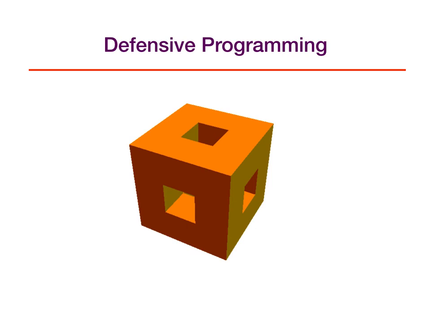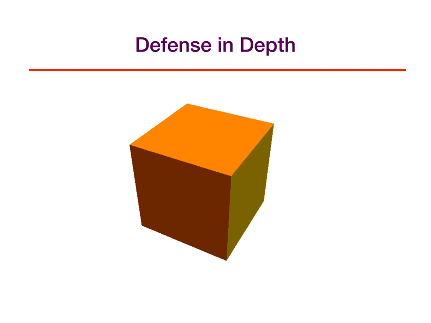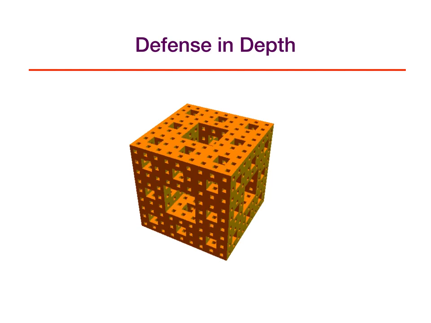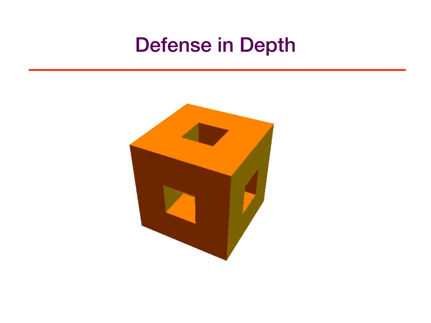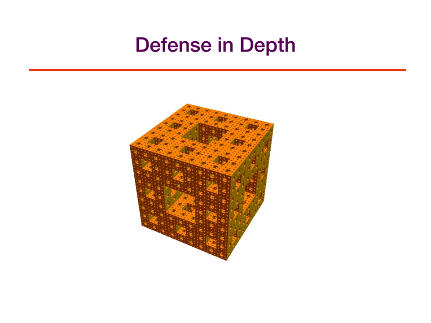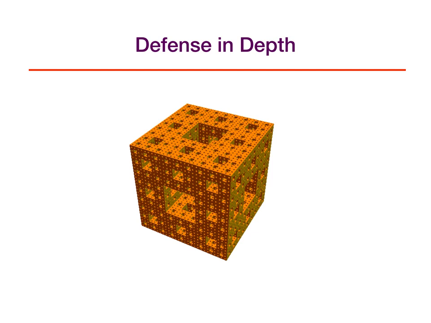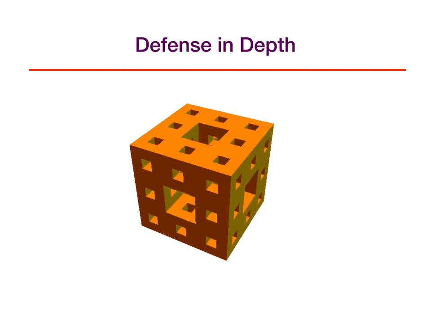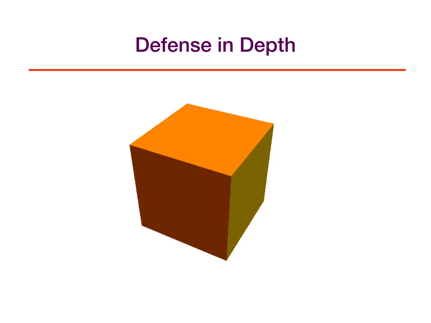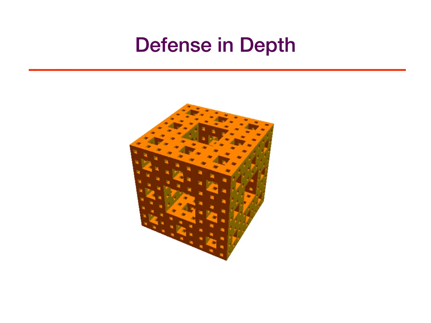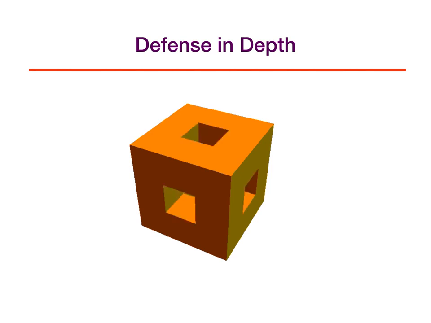So we can think of the process that we're illustrating here as the move from defensive programming, where we might hollow out the attack surface in an ad hoc way as the opportunity presents itself, to defense in depth, where we systematically and in a compositional manner hollow out the attack surface at every scale of composition. I'm using the analogy here of a fractal shape called the Menger sponge. In the Menger sponge, you reduce at every scale the volume of the sponge by a certain amount.